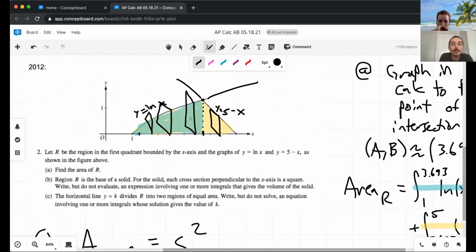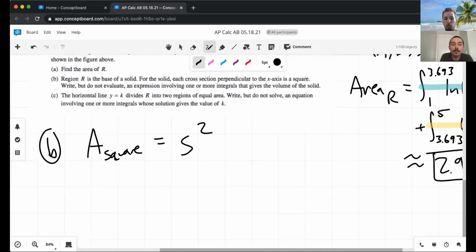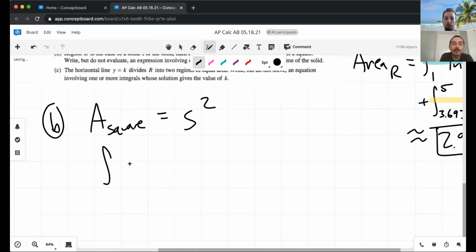Imagine all these infinitely many squares lined up next to each other. If we take the area of each of those and add it together, we will get the volume. So we want the integral of all these square areas.